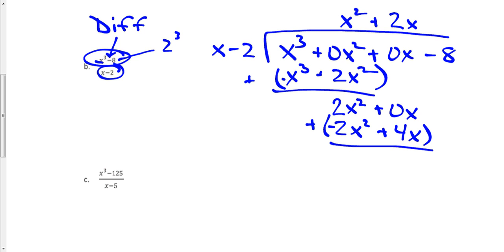Let's see. Taylor, what do we get? Plus 4x, and then what do I need to do here, Abby? Put down the negative 8, very good. And then Christine, how many times does x go into positive 4x?